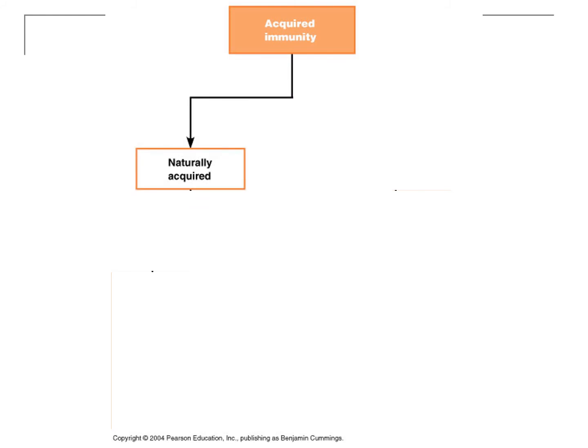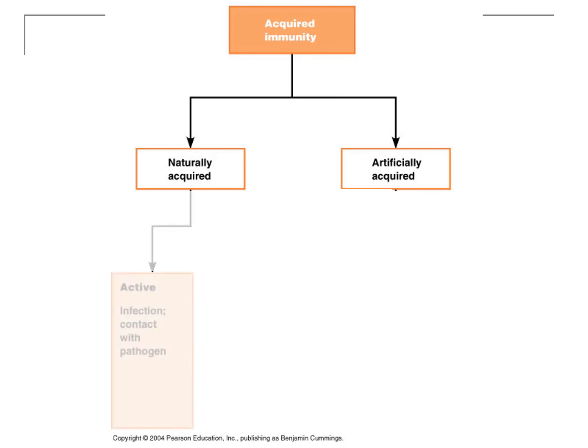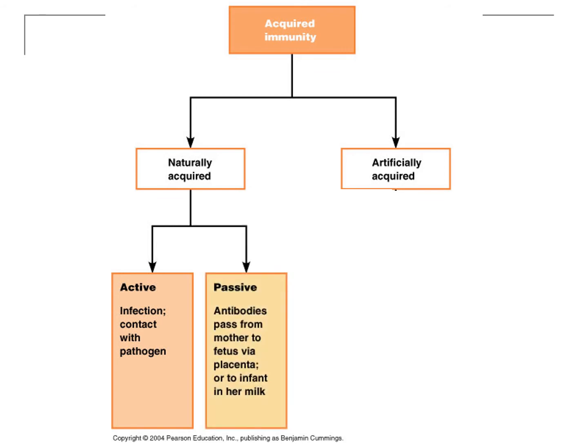Okay, so of acquired immunity, you can have naturally acquired immunity and artificially acquired immunity. So the naturally acquired immunity can either be active, in which case you've had contact with a pathogen, or passive, in which case you've had antibodies passed from the mother to the fetus or an infant in her milk.